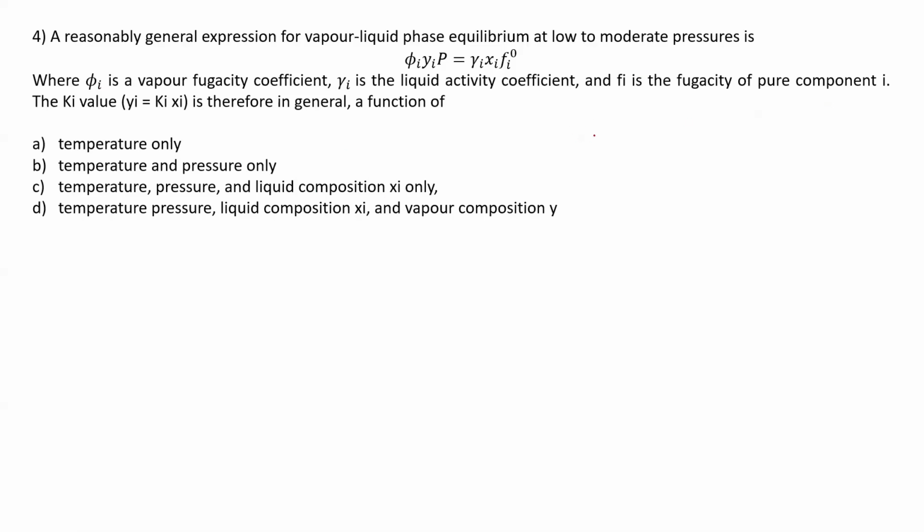So we have phi i yi P equals gamma i xi fi naught.